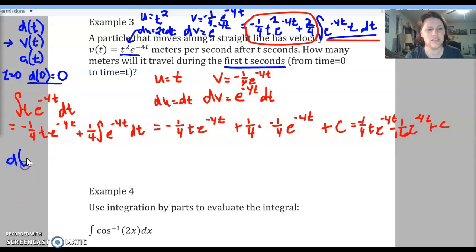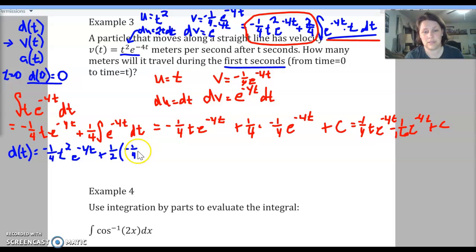This is our distance equation, our distance in terms of t. It is equal to negative 1/4 t squared e to the negative 4t plus 1/2 times all of this down here: negative 1/4 t e to the negative 4t minus 1/16 e to the negative 4t plus c.